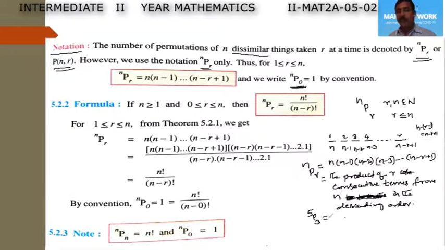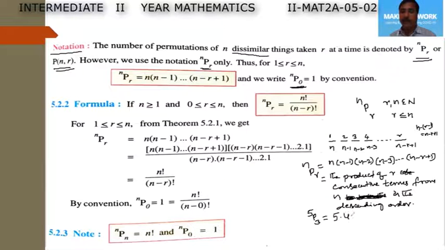Now, what does this notation indicate? The number of permutations that can be made from 5 different elements by taking 3 elements at a time. So the number of elements to be taken is given clearly. How many elements do we have to take every time? 3 elements. So when the number of elements to be taken is given, we can directly write it as the product of 3 consecutive numbers from 5.